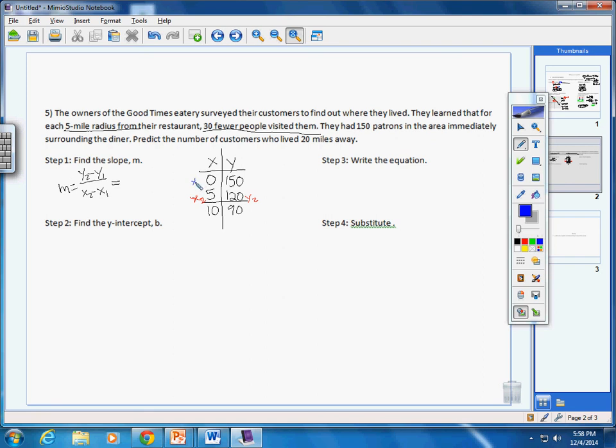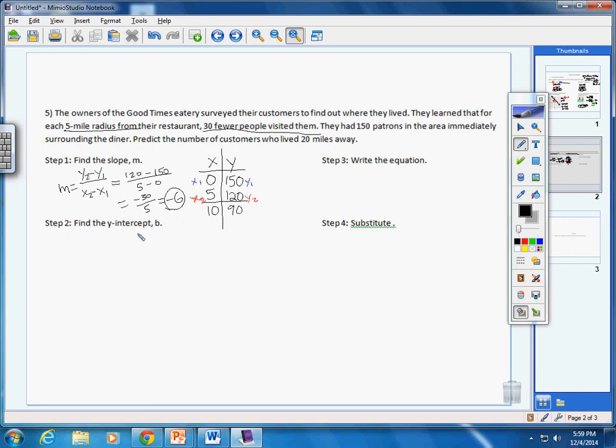And this is going to be x1, and this is going to be y1. Remember, that's just the first point and the second point. Those numbers don't really mean a whole lot. So y2 is 120 minus y1, which is 150, divided by x2, which is 5, minus x1, which is 0. So you should have negative 30 divided by 5, which reduces to negative 6. So this is your slope, negative 6.